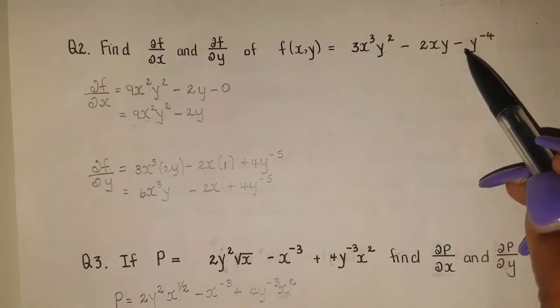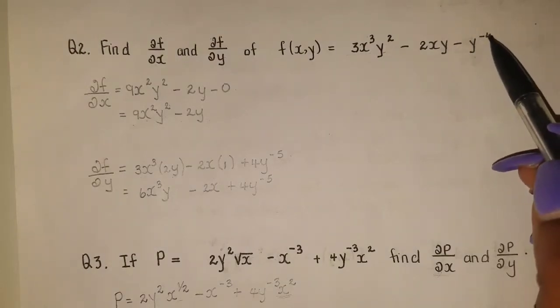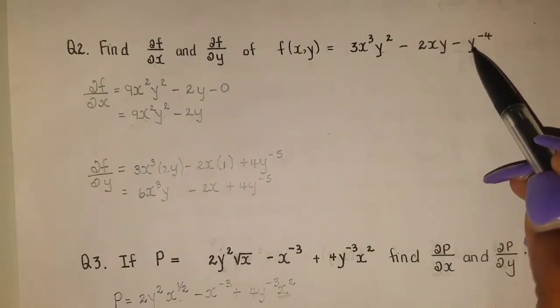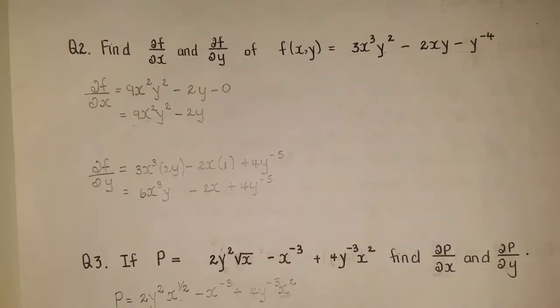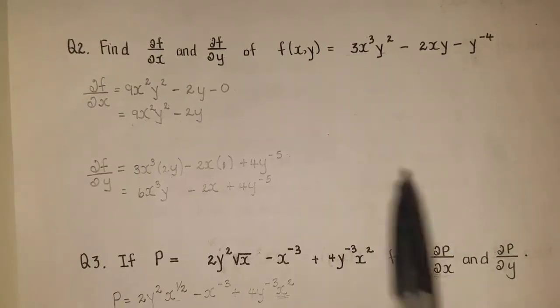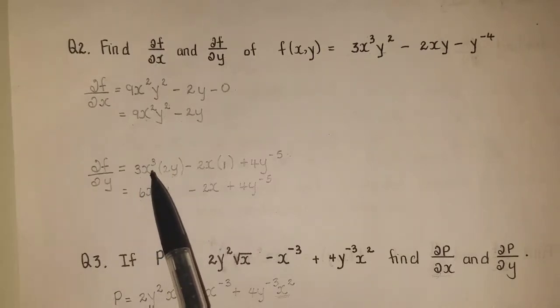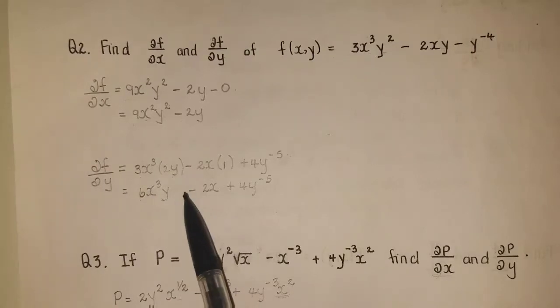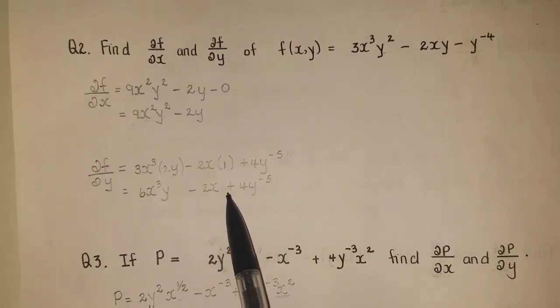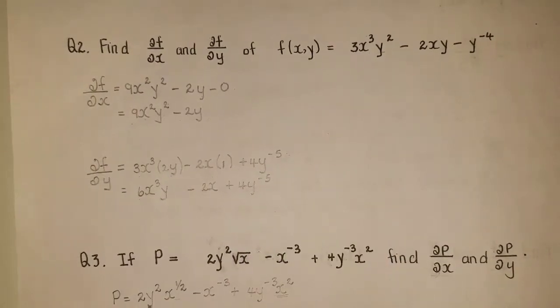Here this differentiated gives us a positive 4y raised to negative 5. So when we simplify, 3 times 2, we get 6. And then the answer is 6x cubed y minus 2x plus 4y raised to negative 5.